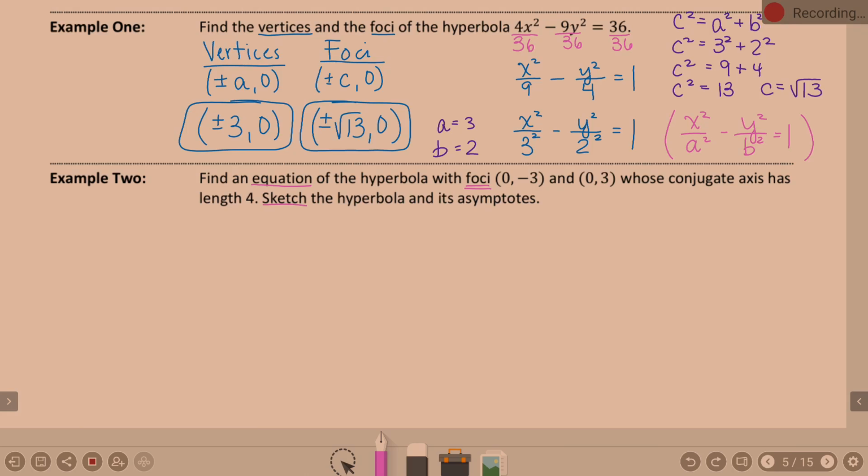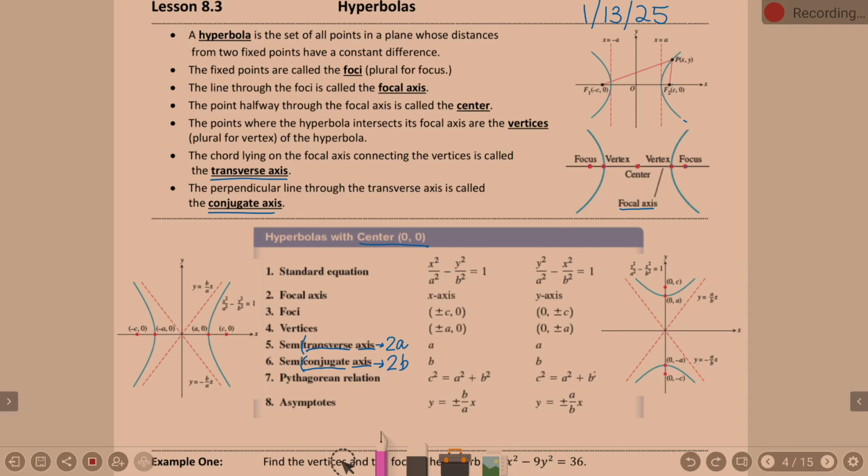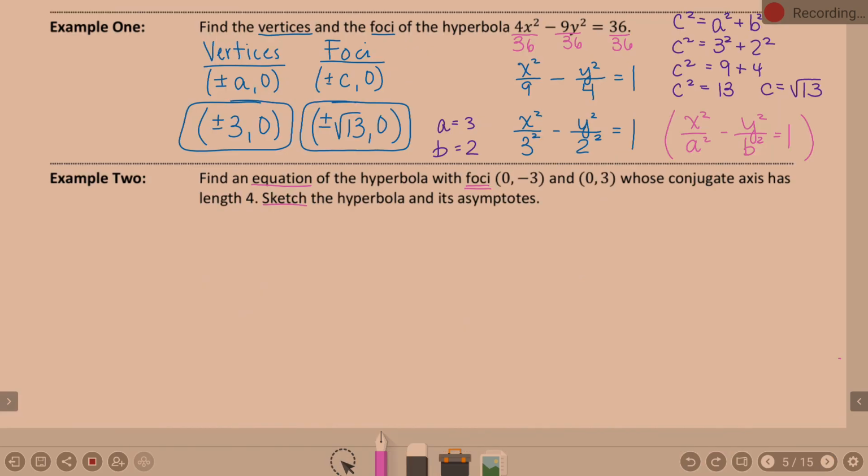If you go up to the table, I think you guys have figured this out. But right there, foci, there's that form, 0 plus or minus c. So that tells me that I'm in the right column. It also tells me that c is what? 3. C is 3, yes?